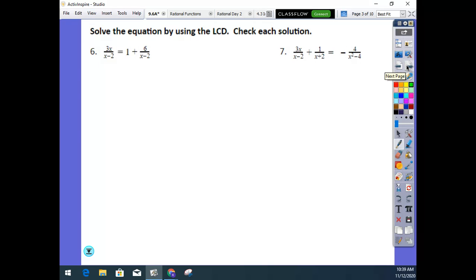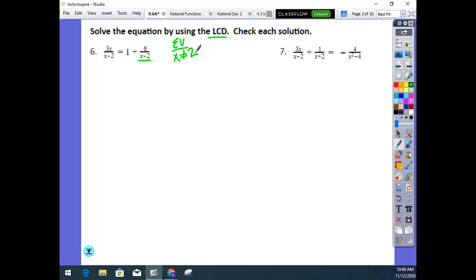Okay, so we now have 4 problems where we have to use our least common denominator. So the first thing I always do is look for the excluded values. What value for x would cause a 0 to be in the denominator? If x were 2, that would mean 0's in the denominator.